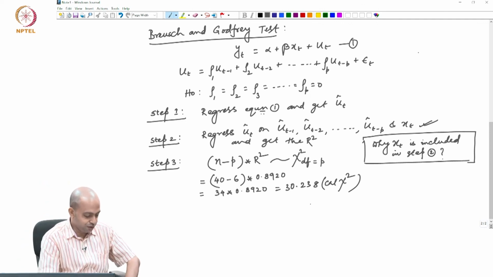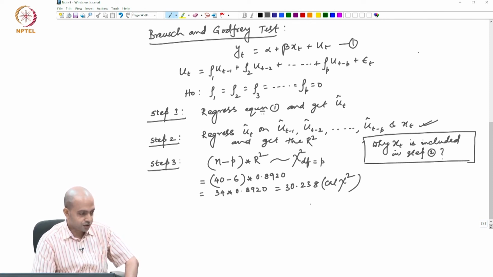From the table, what would be the degrees of freedom? Degrees of freedom is 6. With 6 degrees of freedom, you will see the chi-square is around 12.59.